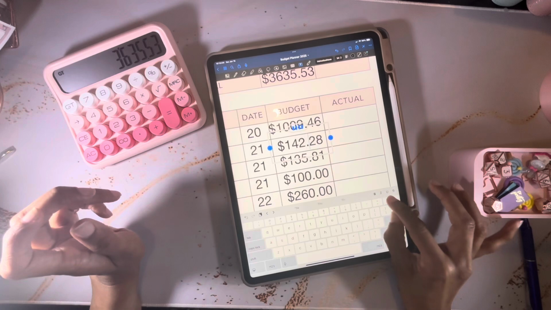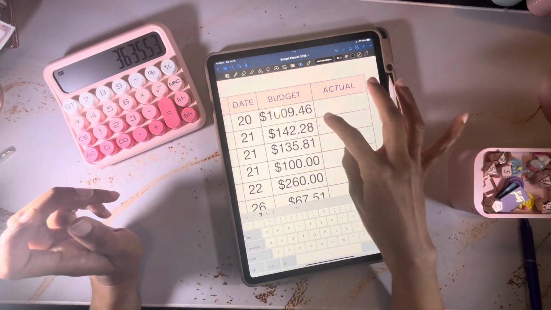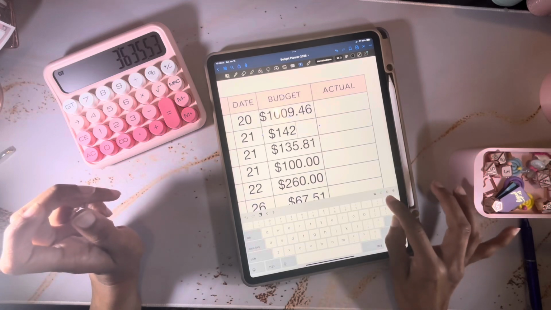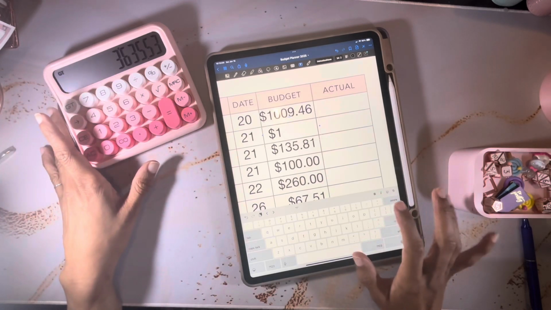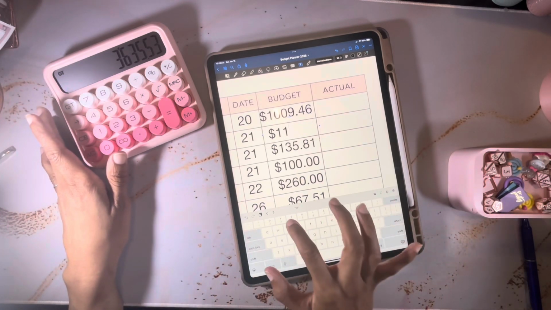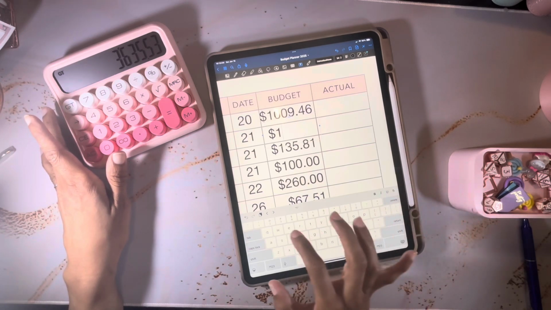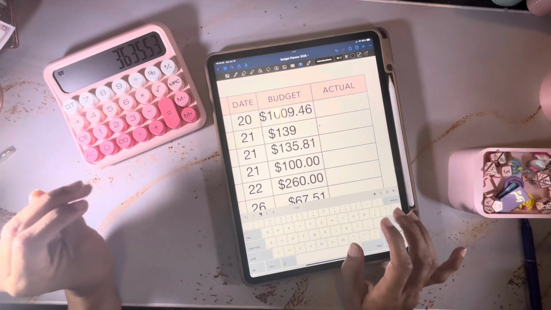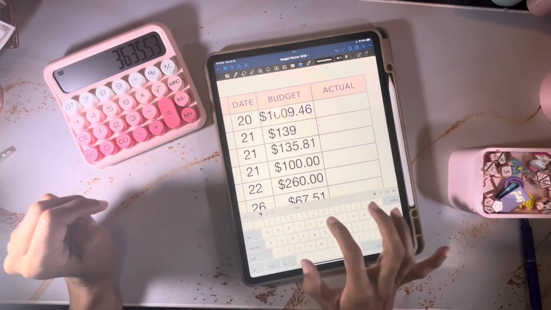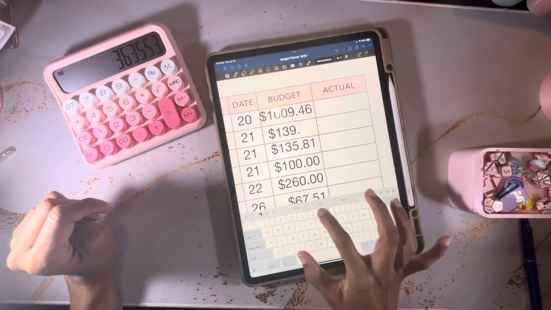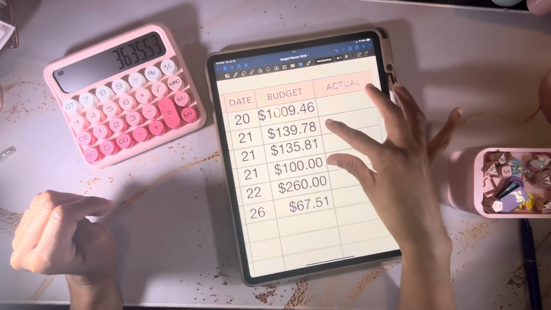Okay, so we're going to change this, because this is now 139.78. So that goes down a little bit.